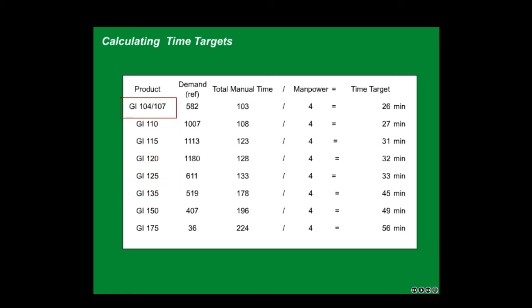As an example, for the GI-104, GI-107, the total manual time is 103 minutes. Similarly, for the other products, sum the manual times and put them here. By dividing the total manual time for each product by our available operators, 4 in our case, we get the time target for each product.